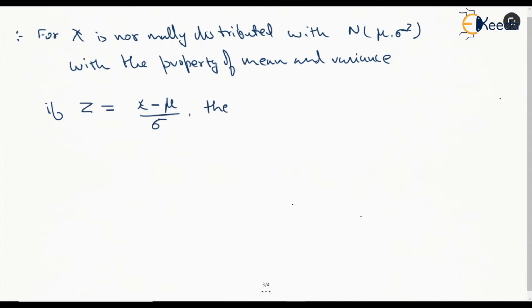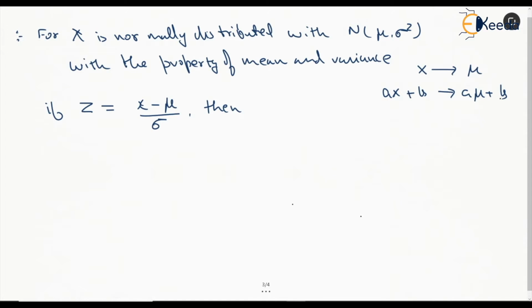then now what? We have this mean equal to mu and variance equal to sigma square. Now we know if x has the mean equal to mu, then ax plus b will have a mean of a times mu plus b.